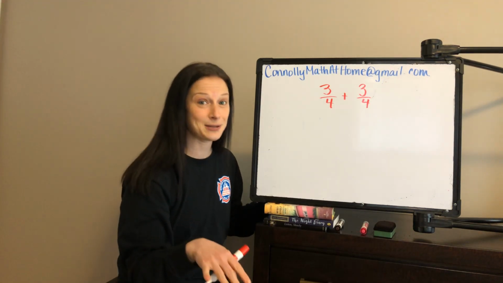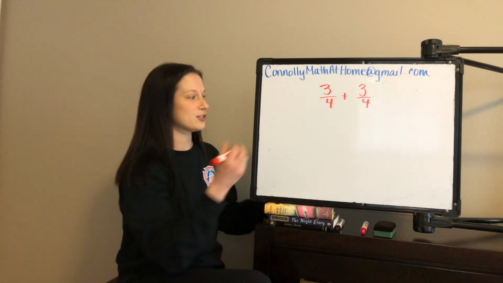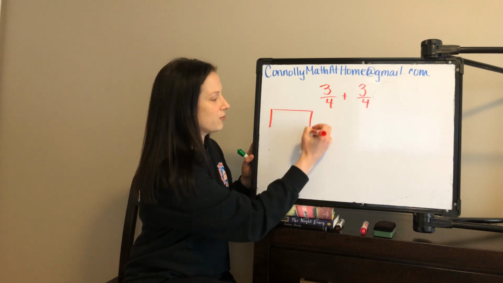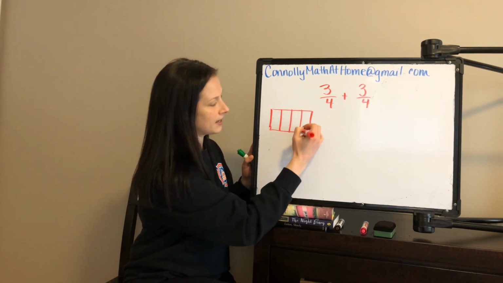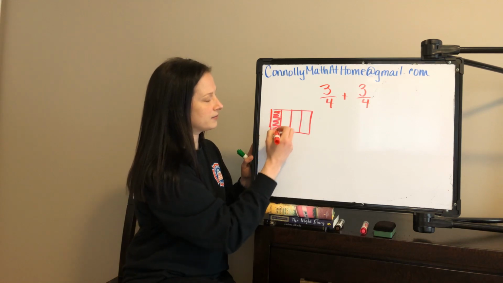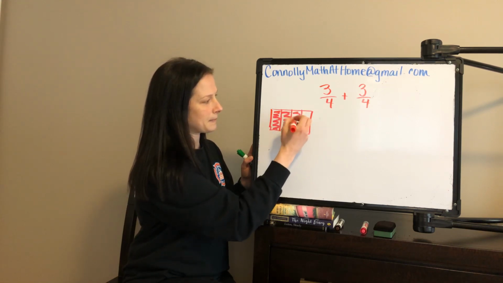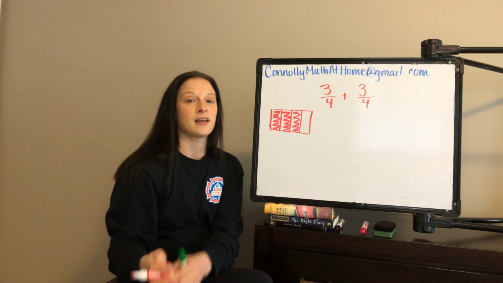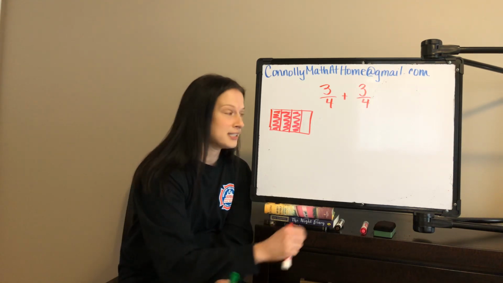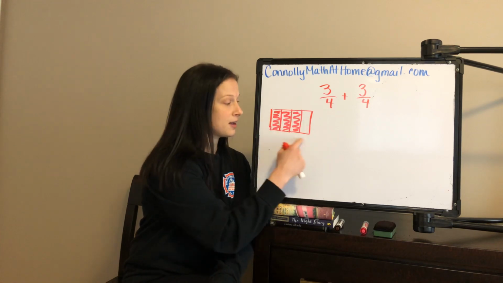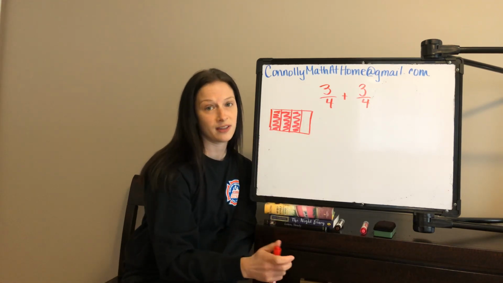Okay, so let's get down to the area model representation first. So 3/4. I'm going to shade it in red here. 3/4 is represented. As you can see, in this whole, there's 1/4 left.